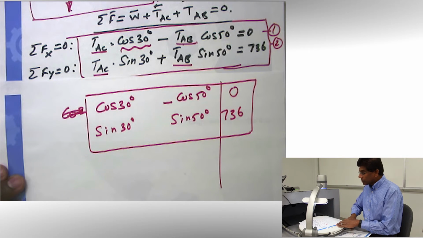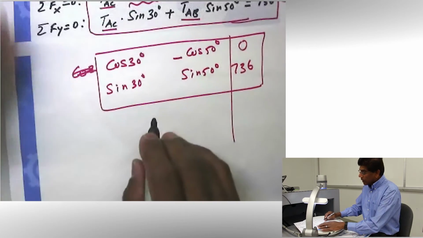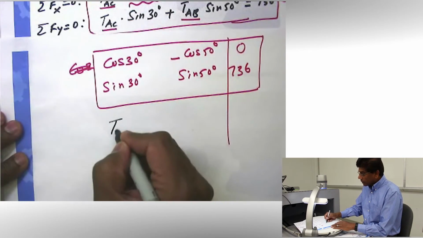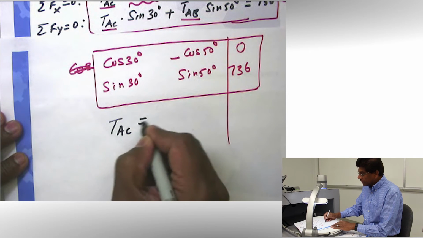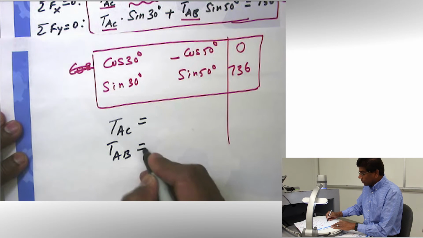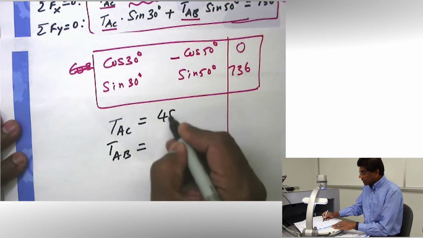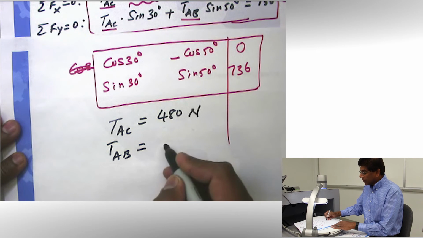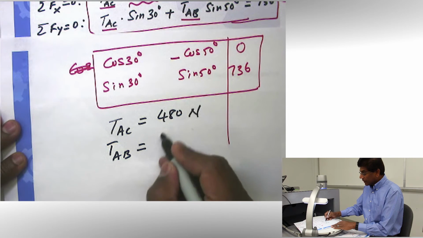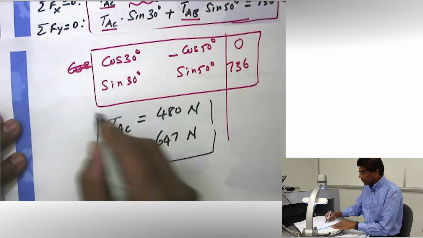And once you input it in the calculator, you are going to get two unknowns, TAC and TAB. And your calculator, if you solve it correctly, will give you an answer of 480 Newtons for tension in cable AC and 647 Newtons for tension in cable AB.